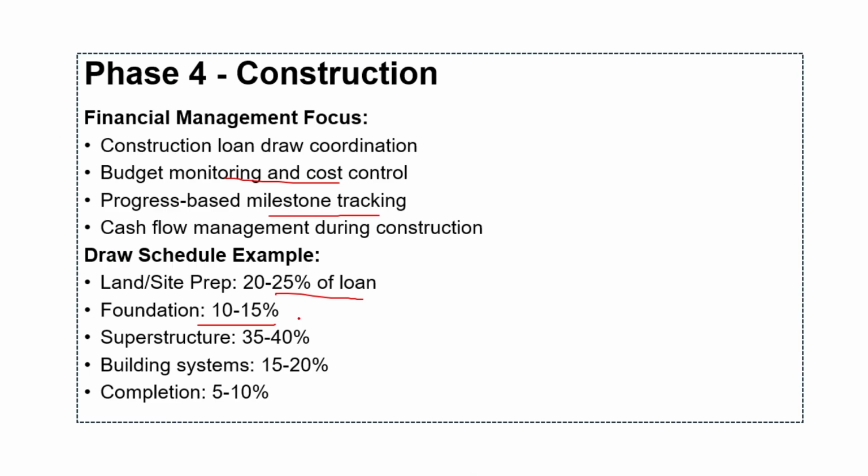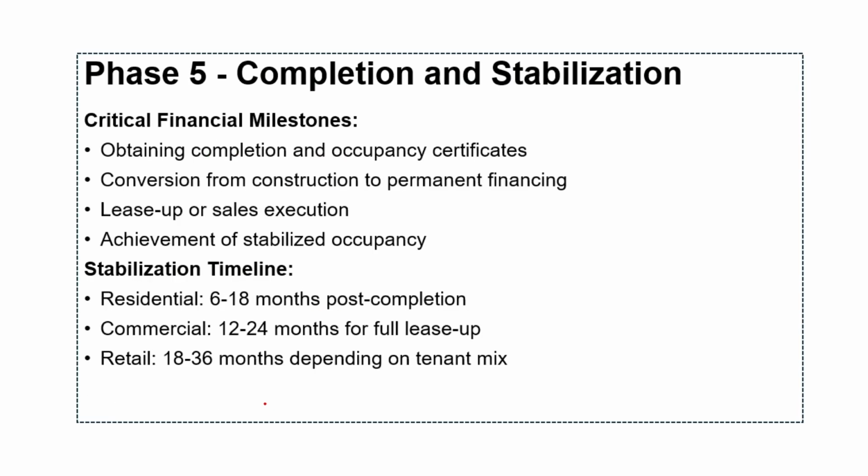And then we have superstructure construction, comprising the largest draw at 35 to 50%, and we have building system installation that represents 15 to 20%, and completion will be around 5 to 10%.